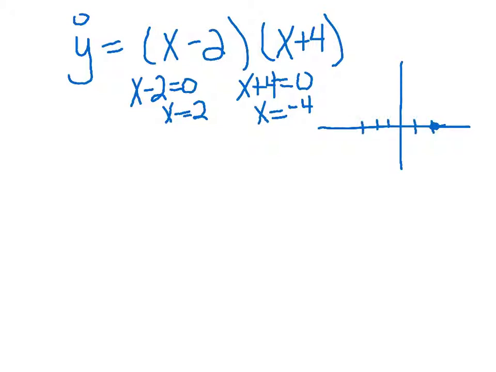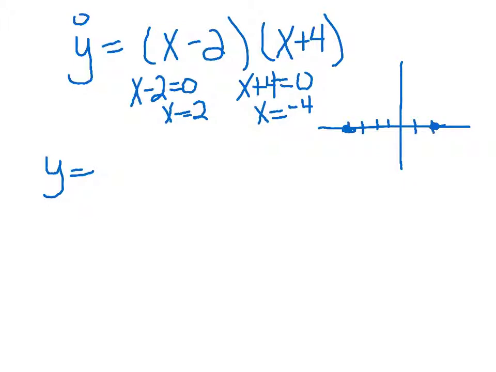2, 3, 4. There. And now that we have the x-intercepts, there are a couple of different ways that we can get the vertex. Before, I had you multiply this out with FOIL.